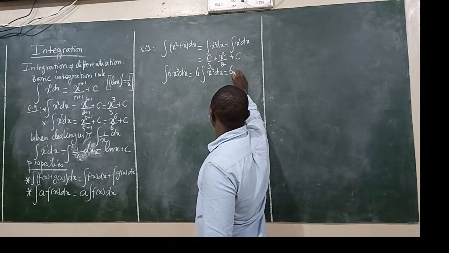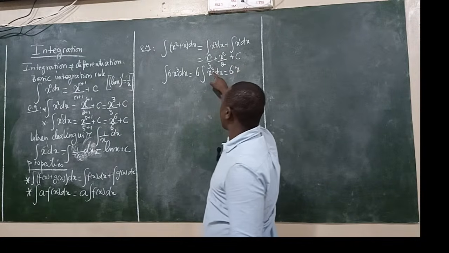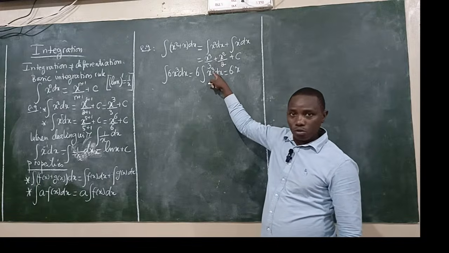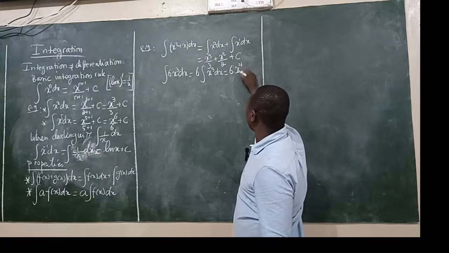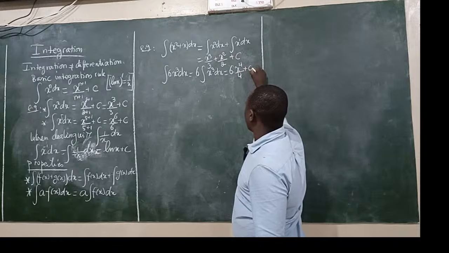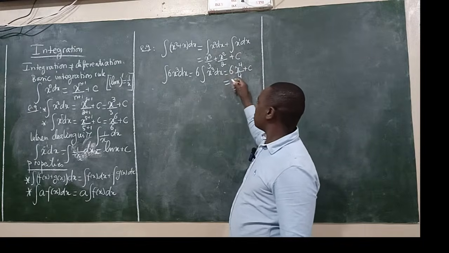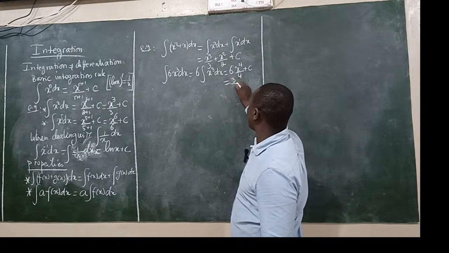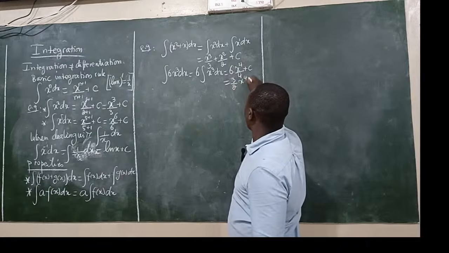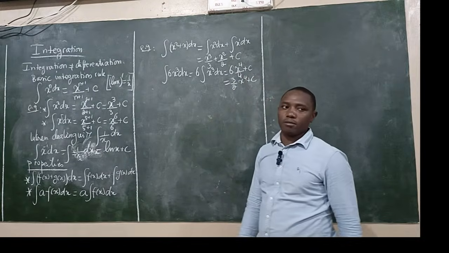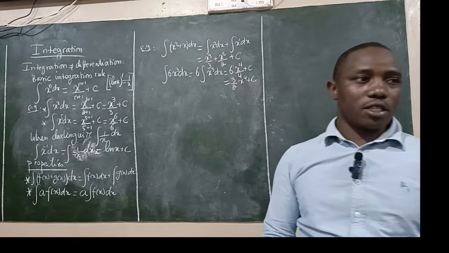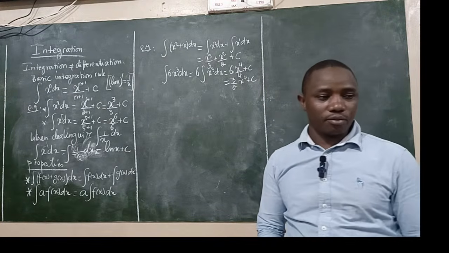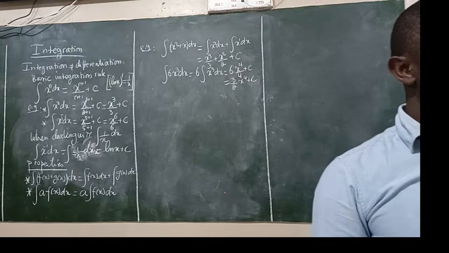This is 6 times x; we add 1 to the 3 to be 4, x to the 4 by 4 plus c. By 2 by 2, we have 6 over 4 reduced to 3 over 2 x power 4 plus c. You can have some other examples. It doesn't matter.